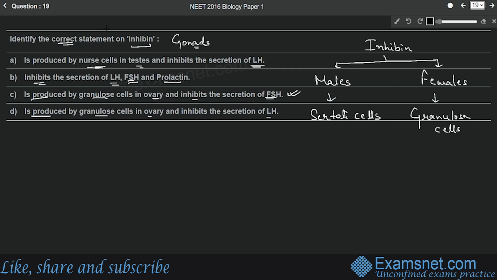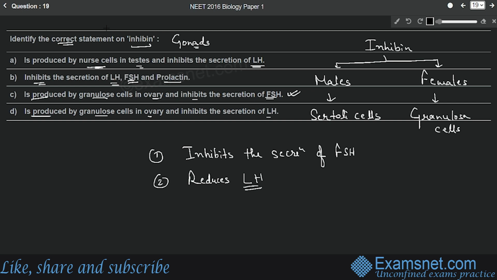And it is responsible for inhibiting the secretion of follicular stimulating hormone, and it reduces the amount of luteinizing hormone. Okay. So it does not inhibit the secretion of luteinizing hormone. It just reduces the amount. Therefore, only correct option is option number C.